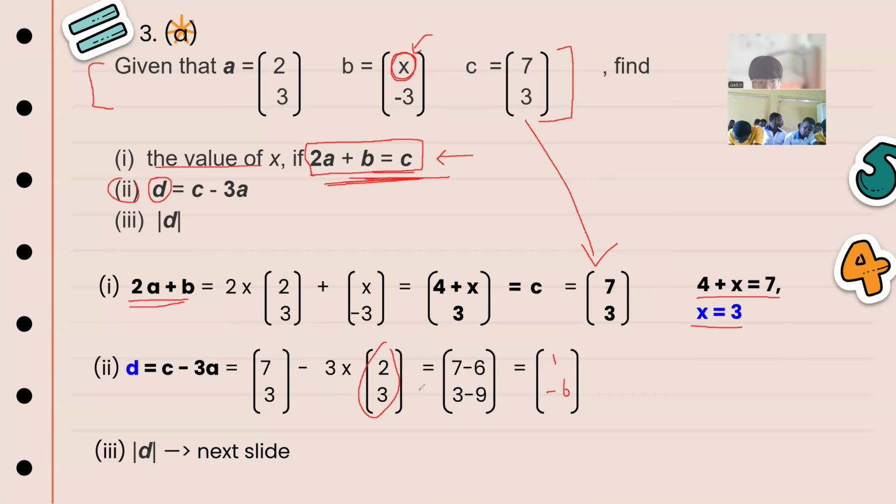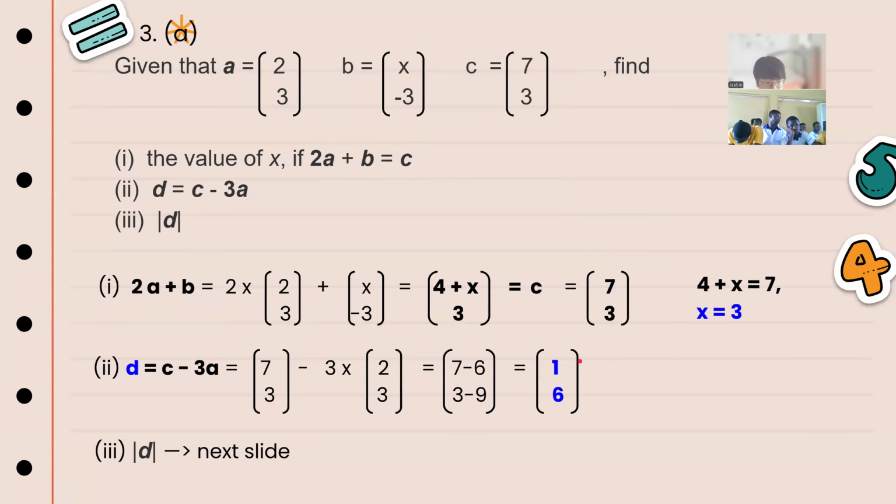So finally, we get 7 minus 3 times 2, which is 6, and 3 minus 3 times 3, which is 9. So it'll be 7 minus 6, 3 minus 9, which is (1, -6). That's why we got (1, -6) for d.